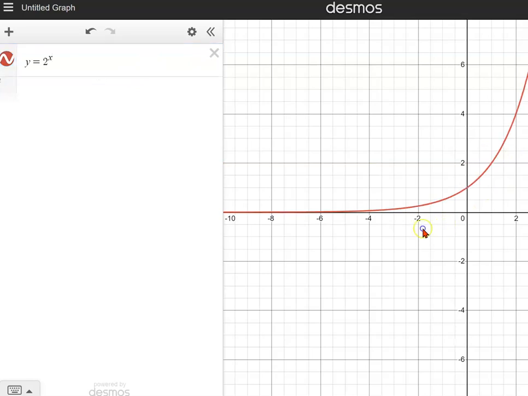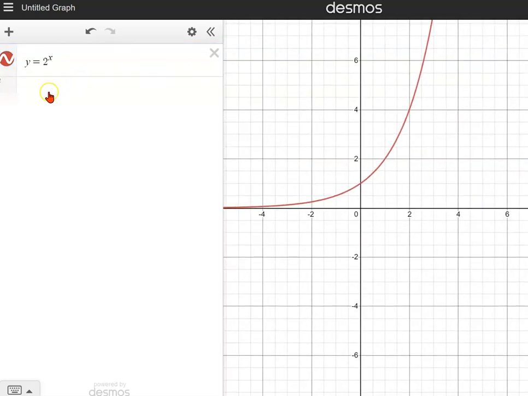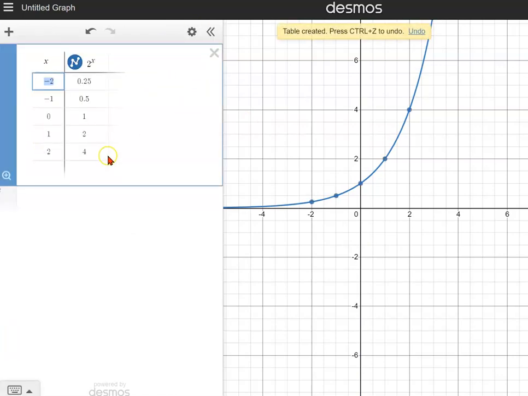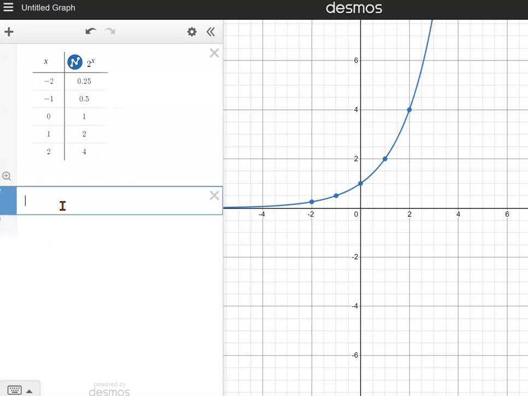So this is an exponential graph, showing some values from -2 to 2 with all these points, and we know that the inverse of an exponential is a logarithmic function. So I'm going to type it here, y equals log base 2 of x.